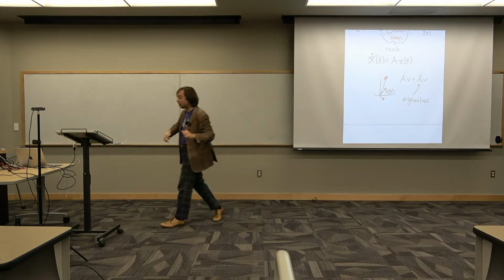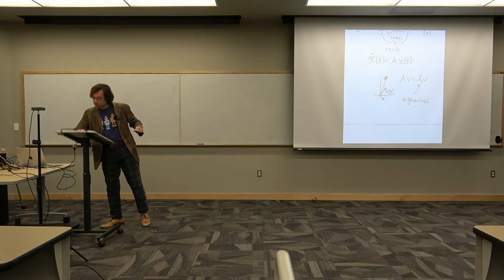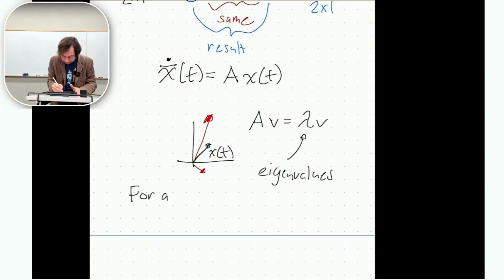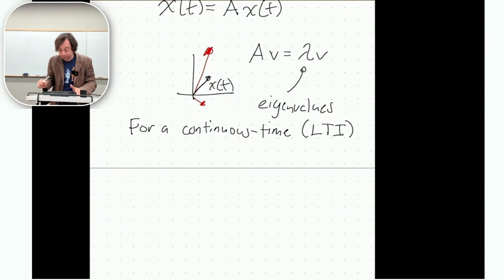Okay, how would you know? So for a continuous time system, I'm going to put in here LTI. We haven't said what that is yet, but I'm taking way too long to get there. It stands for linear time invariant.